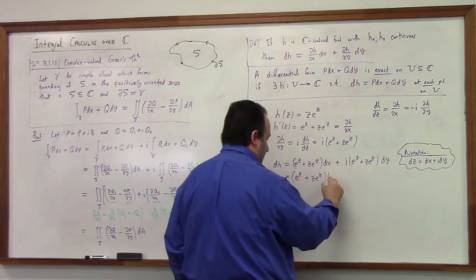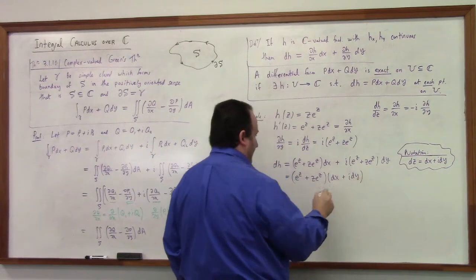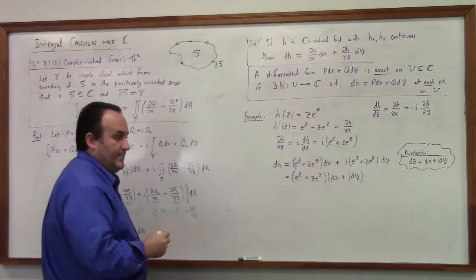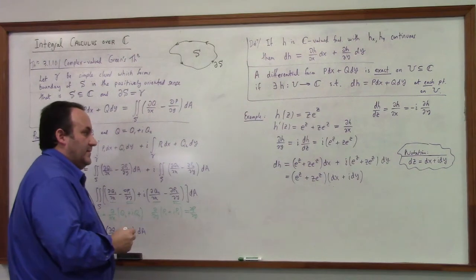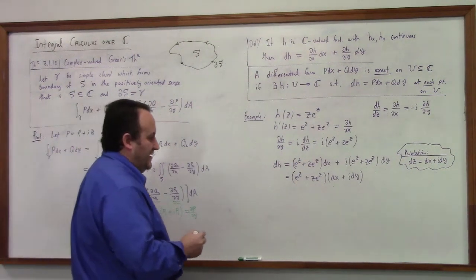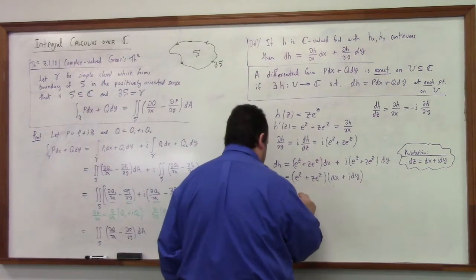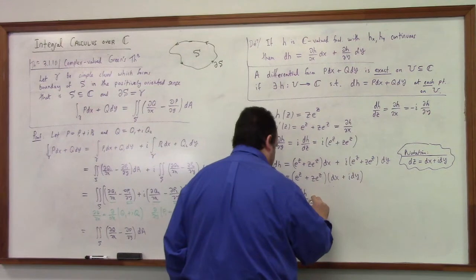Times what? Times dx plus i dy. So it's kind of neat because, in fact, dh is just dh dz dz.